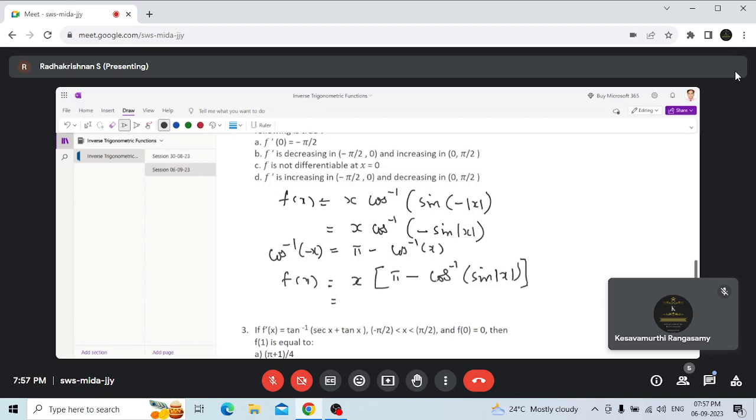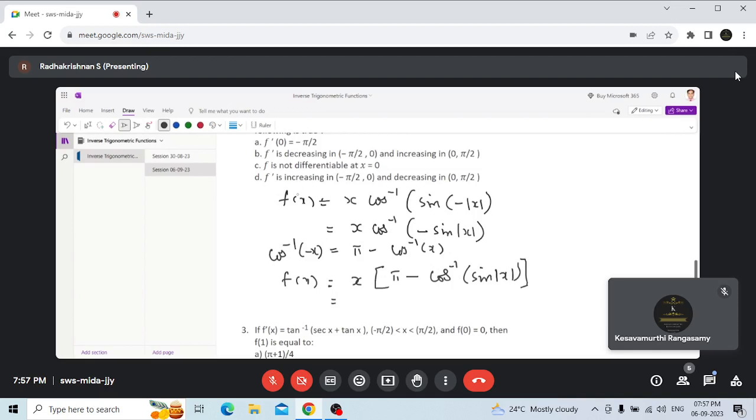So simply let's put the cos inverse of this. How can we... So option B.